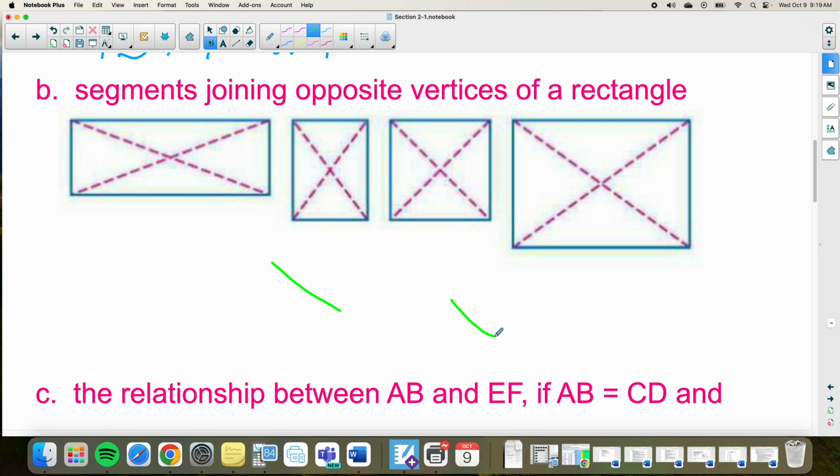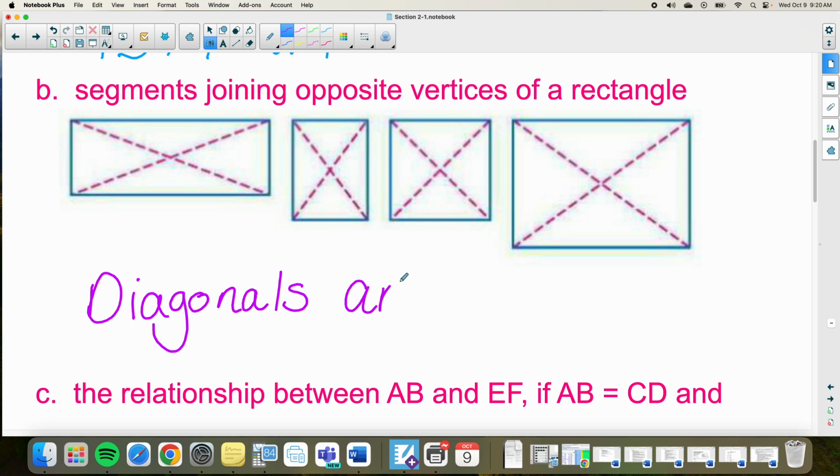What do you think would be true? They're equal, right? And that is something that is true. Like I said, I don't really love this example, but yes, if you tried these, all of these diagonals would be equal. So that would be your answer.